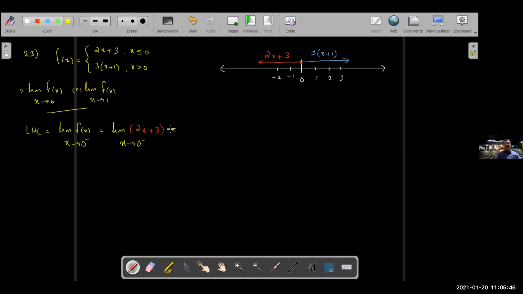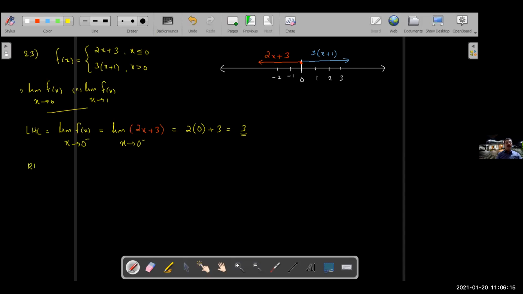We know how to evaluate it, directly substituting. We will not substitute this minus or plus. It is not minus 0, or even if it is 1, it is not minus 1, it is 1 only. That means the number only. This minus sign shows left hand limit. So 2 into 0 plus 3, which is 3. So we evaluated the left hand limit.